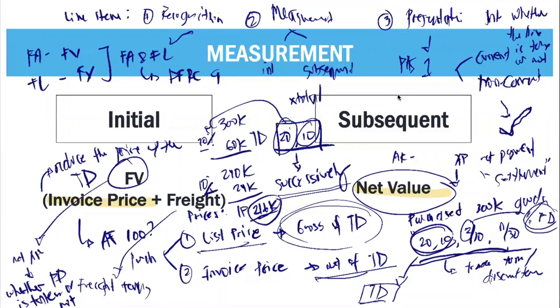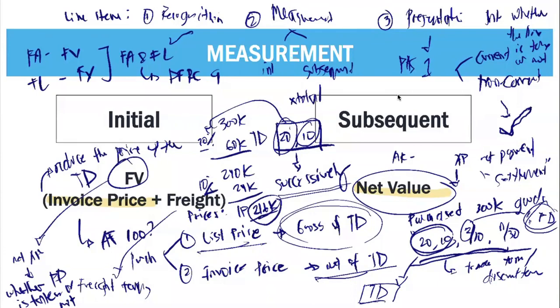But generally, we don't subsequently measure it because whatever is your liability, that is already it. Unlike in your AR, you provide for discounts, you provide for your doubtful accounts. In AP, you cannot say that you are doubtful because you are the debtor here. You cannot say, I think I cannot pay, so I need to remove this accounts payable. That's not how it works.